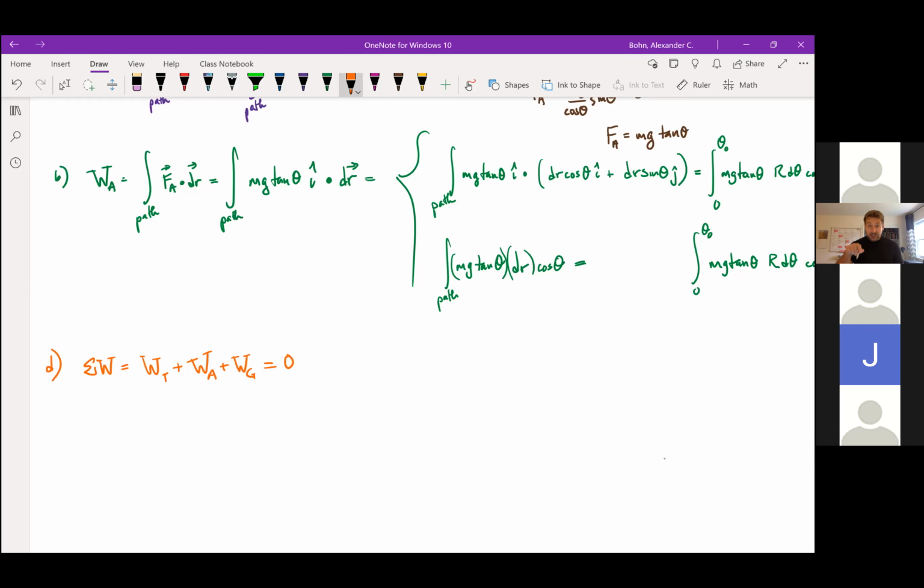We've said that the tension doesn't do any work. It cannot function to change our kinetic energy. It only serves to redirect us. The work done by the applied force we just found. So the work done by gravity must be the negative of that.